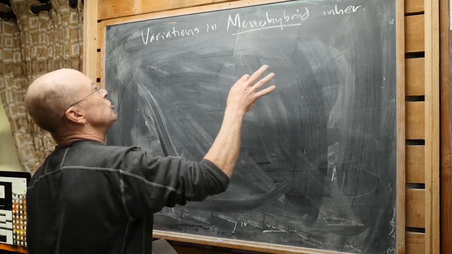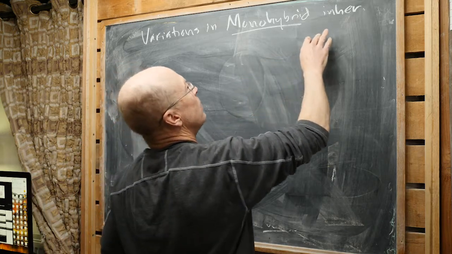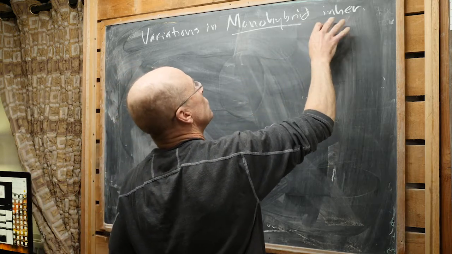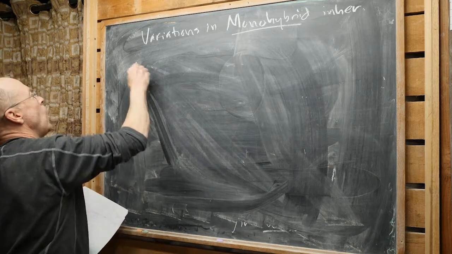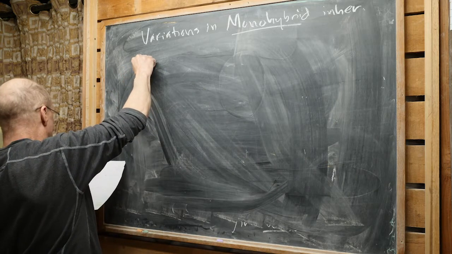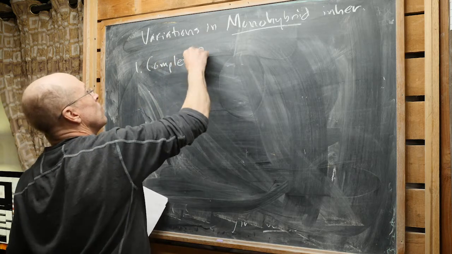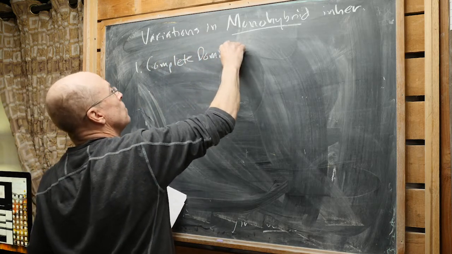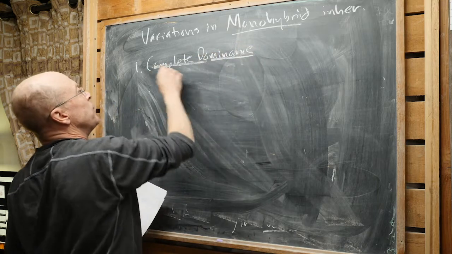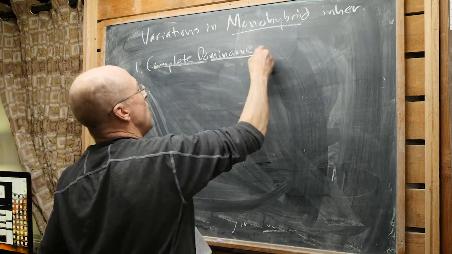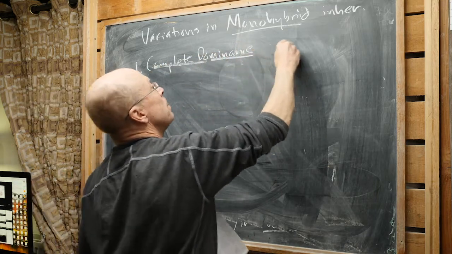What we want to introduce is kind of the concept of ratios. So we want to think about ratios. This first one is what we call complete dominance.